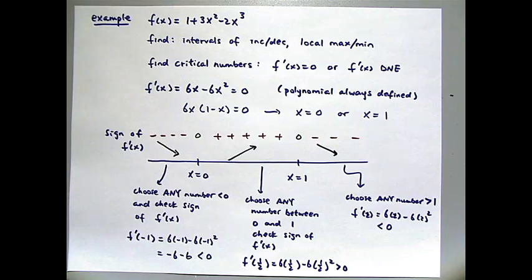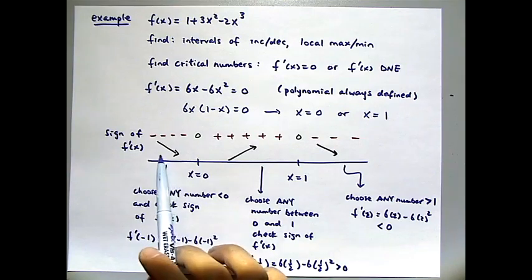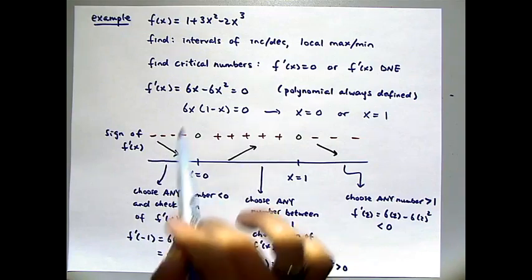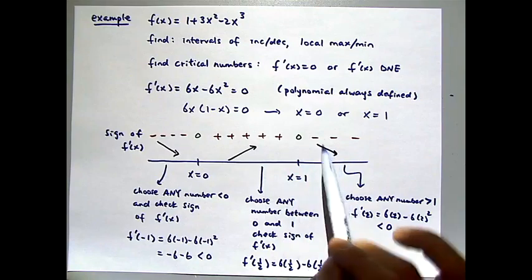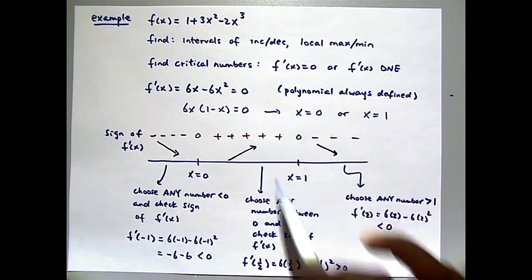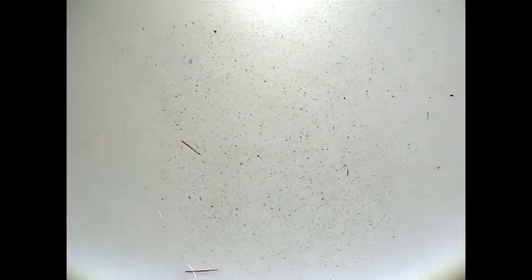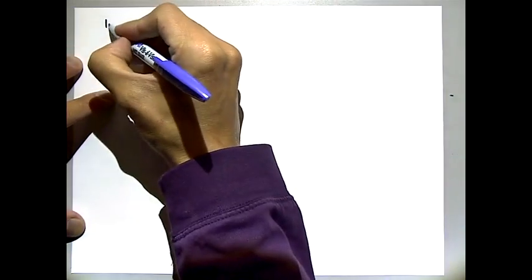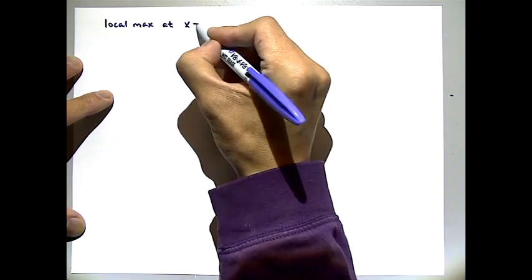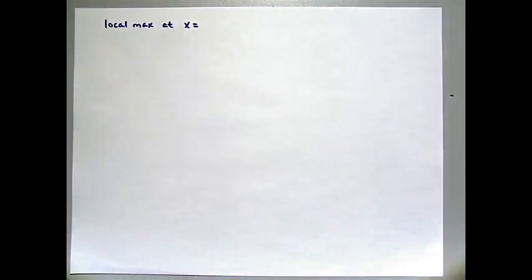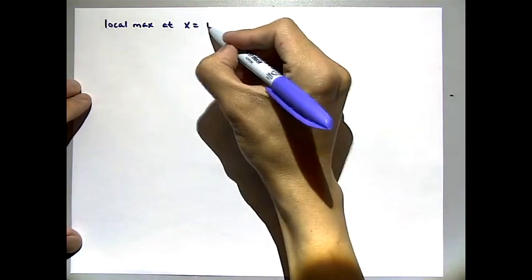And then just by looking at that, I see the sign change. Decreasing before, increasing after, there is a local minimum here. Increasing before, decreasing after, there is a local maximum right here. And I'll write that down. We see a local maximum at x equals 1.